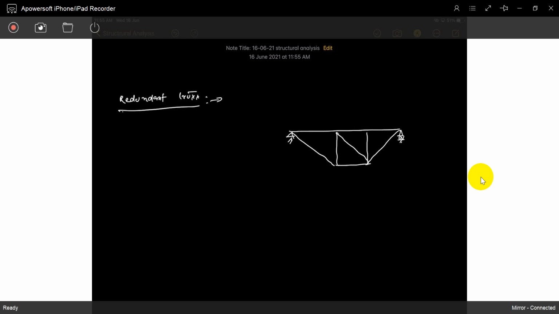So this is a determinate structure. Determinate member. You can easily solve by method of joints.